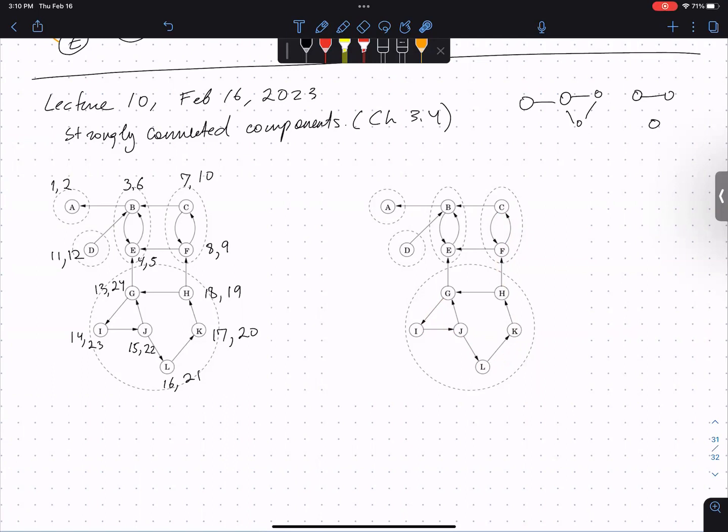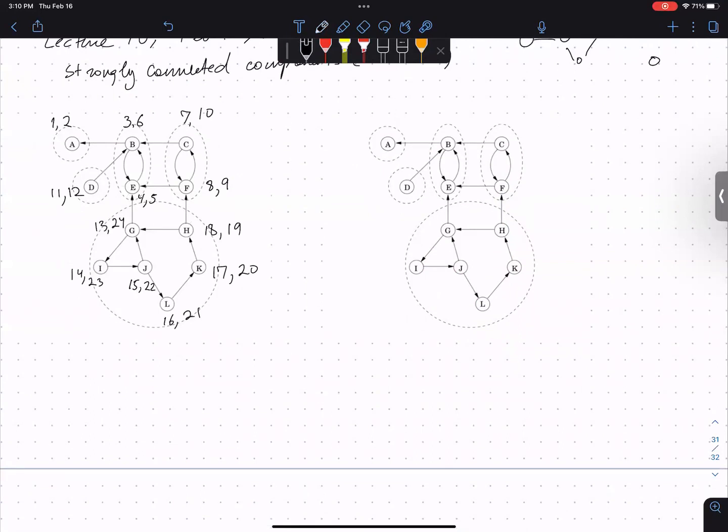So therefore, the definition of a connected component is a little bit different for a directed graph. And in particular, we call it a strongly connected component, and we're going to define it now. Underneath is a definition of what it means for two vertices to be connected.